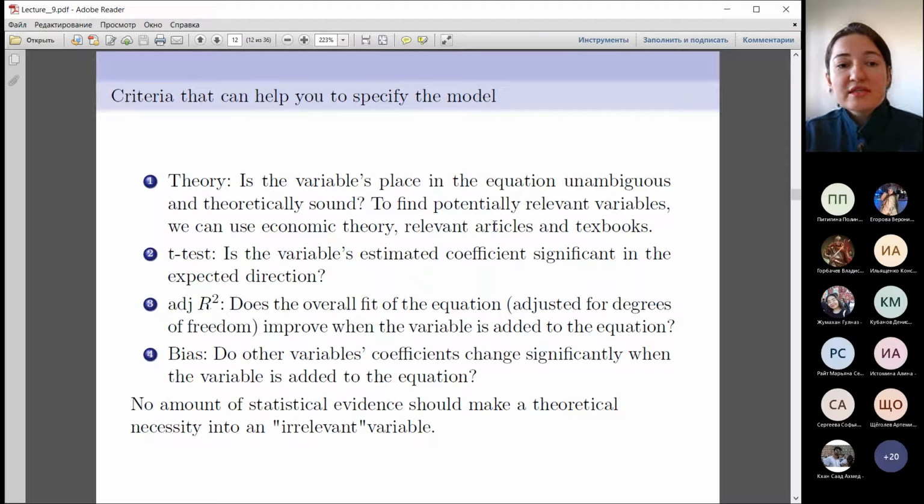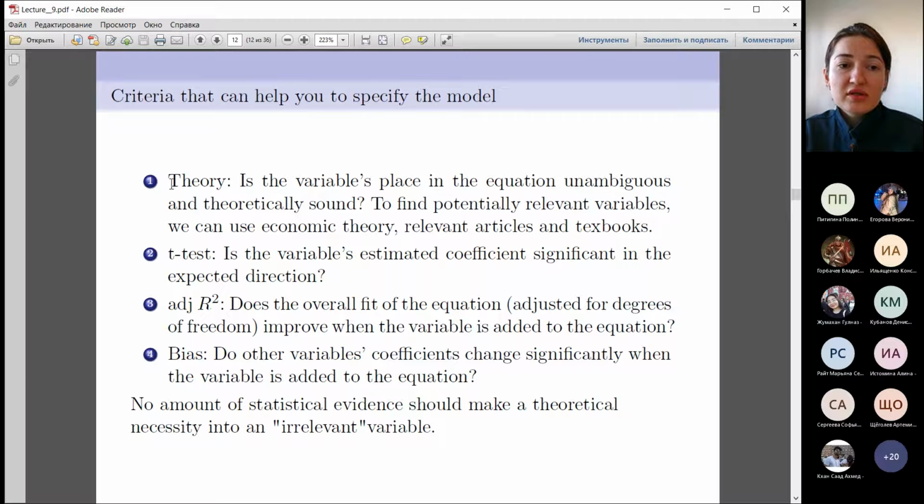So all of these criteria could be a kind of signal for you when you construct your model and think about its specification.